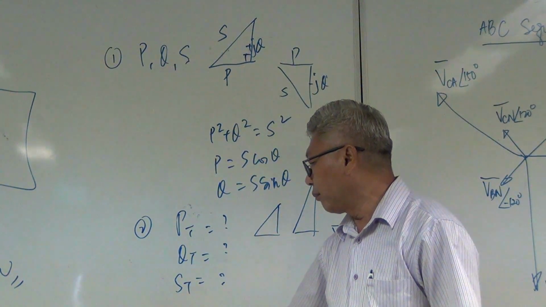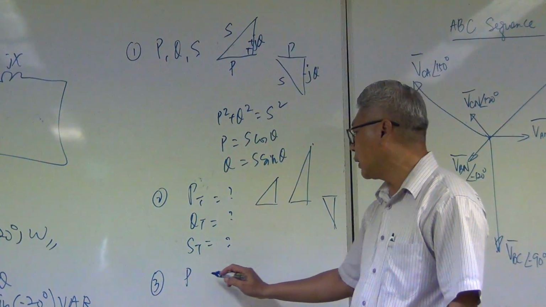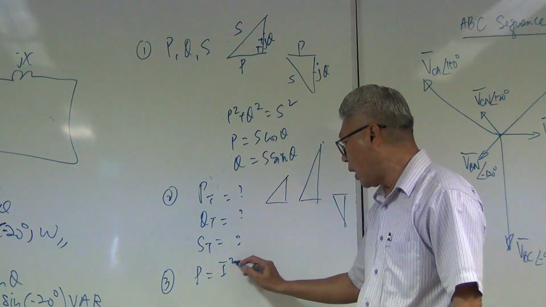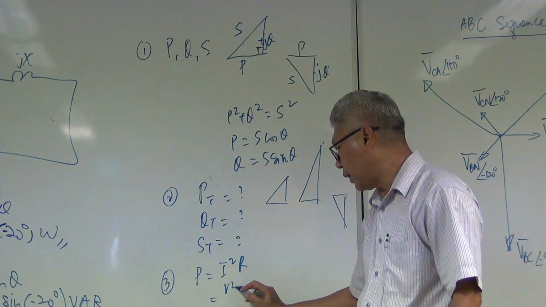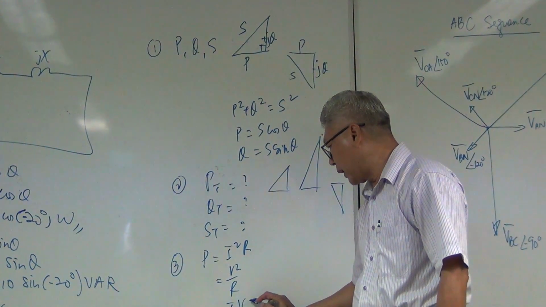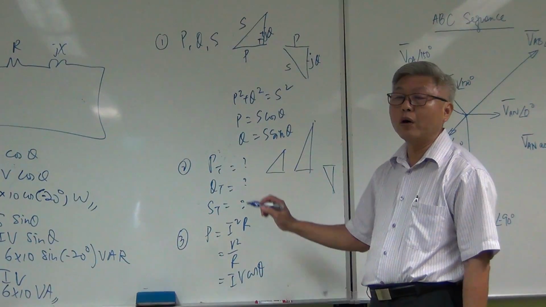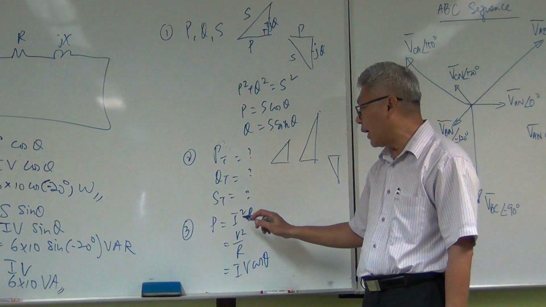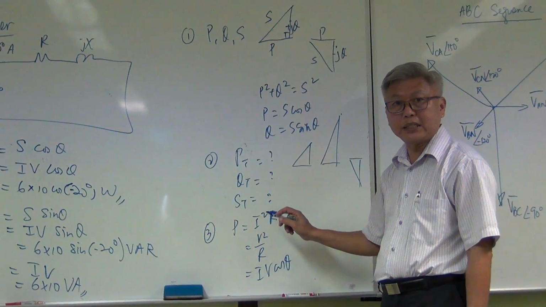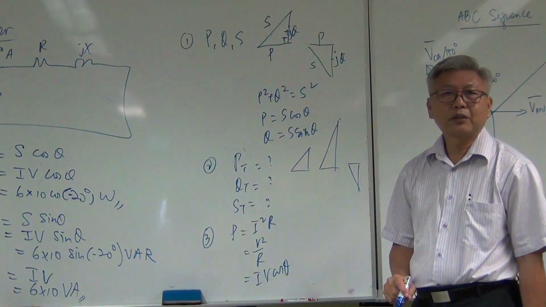Then the third one, to find power, there are various formulas to use, right? P, you can use I square R, you can use V square over R, right? Or you can say it's equal to IV cosine theta. Now make sure that when you use formula, they are all in the power formula. All the values are in RMS value. Okay, we'll take a break.